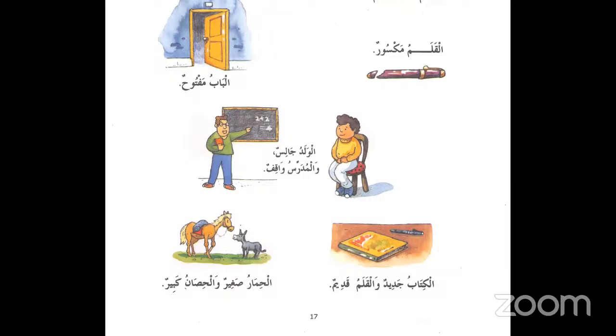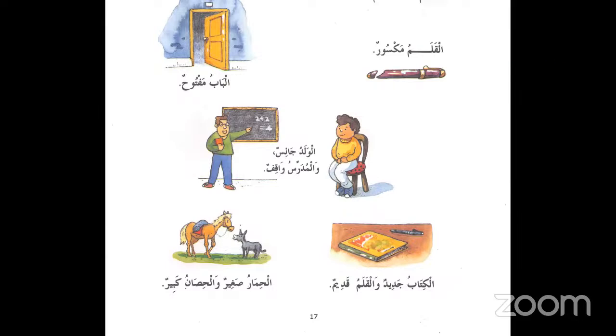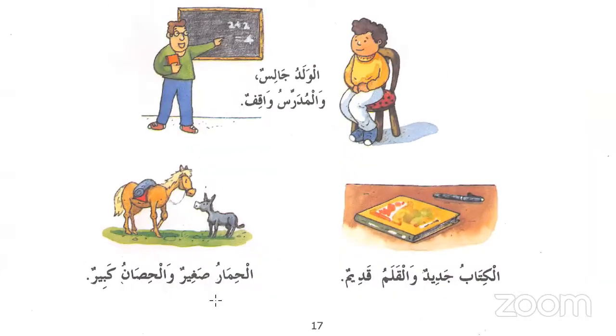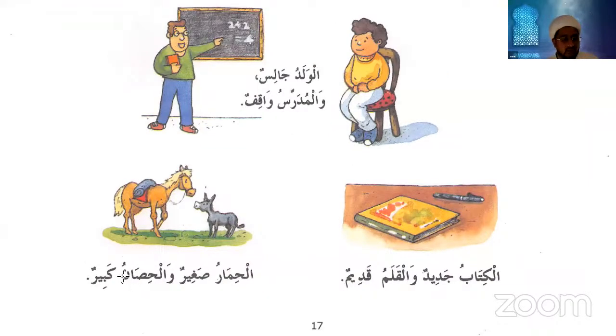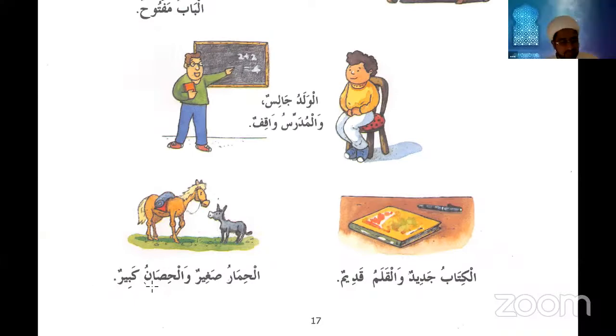Al-kitabu jadidun. Correct. Wal-qalamu qadimun. The book is new and the pen is old. Perfect. Al-himaru saghirun wal-hisanu kabirun. The donkey is small and the horse is big. Jazakallah.